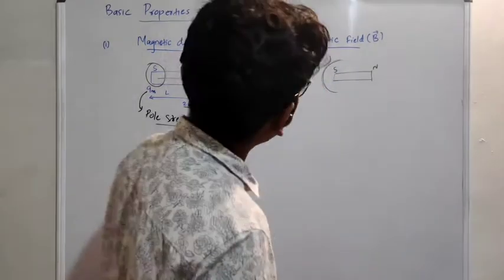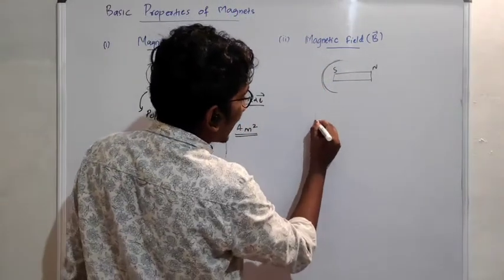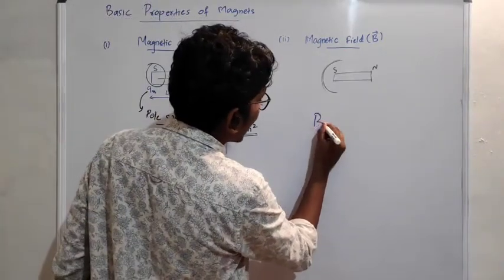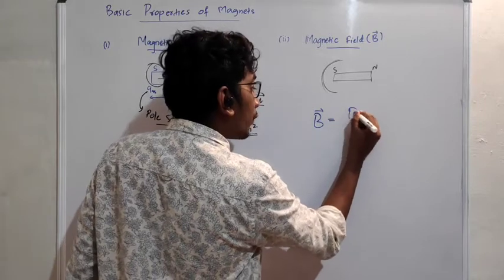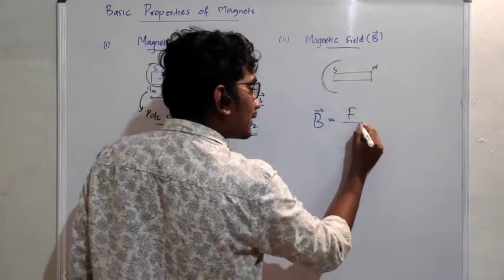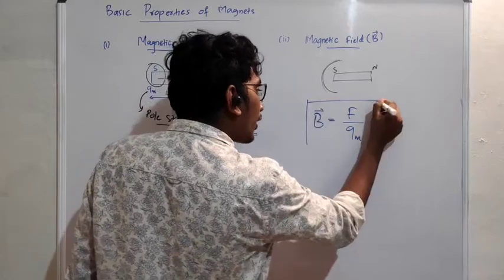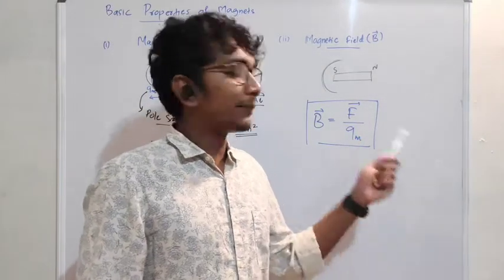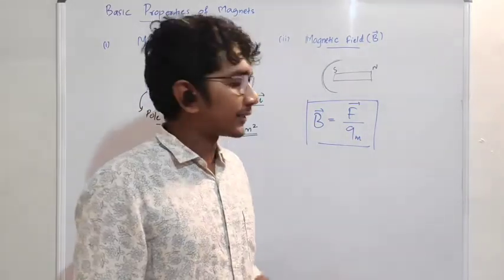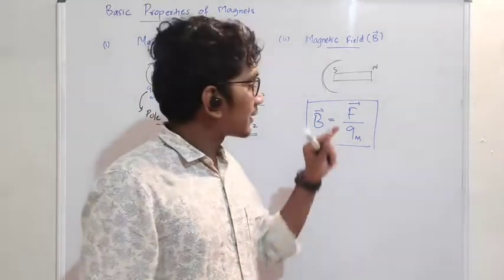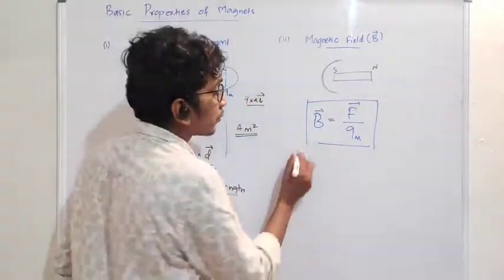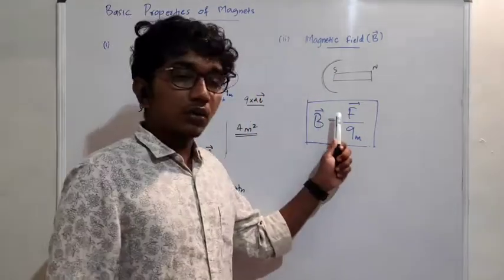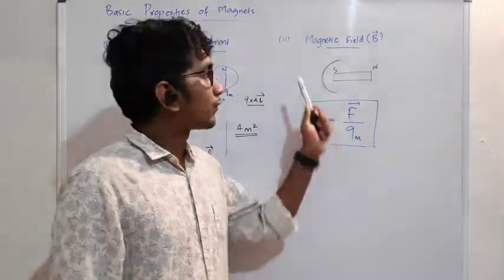I can also define magnetic field as the force experienced by the other magnet divided by pole strength, that is, force per magnetic pole strength. So you have two definitions of magnetic field.